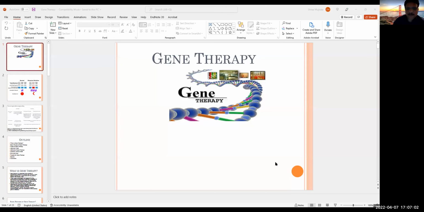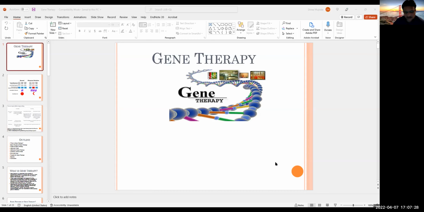Gene therapy: the word therapy means treatment, and gene therapy means treatment by gene, treatment by DNA. So DNA is the pharmaceutical mode to cure sickness. So why do we need to do this?